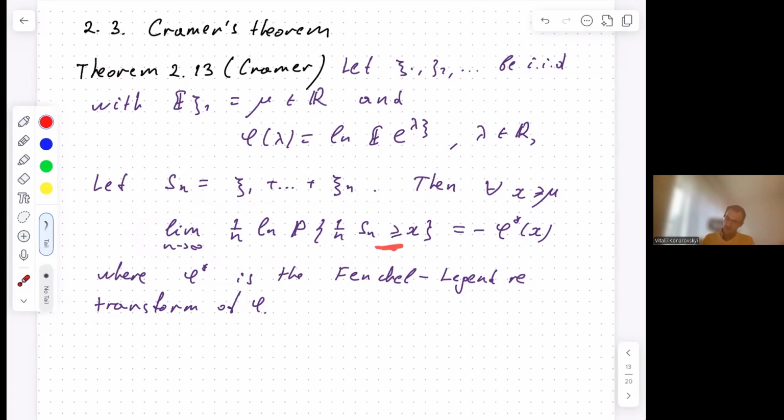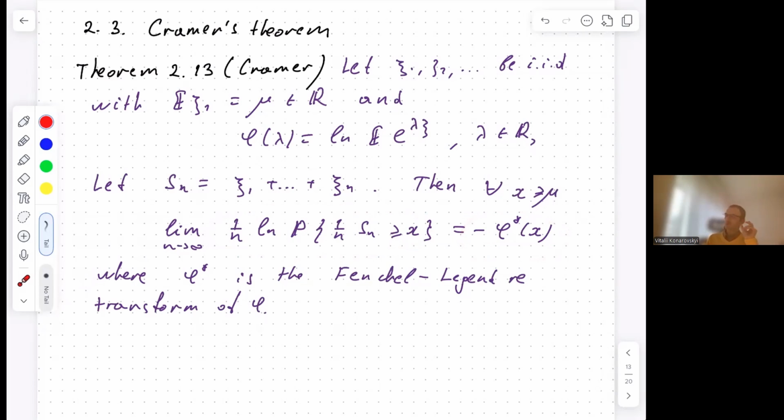Because here these objects are real valued objects, and you can compare them with some fixed constants which are either larger or smaller than the expectation and so on. But if you are in the case of R^d, then it is not directly clear what you should consider and which kind of result you should get at the end in the right hand side.